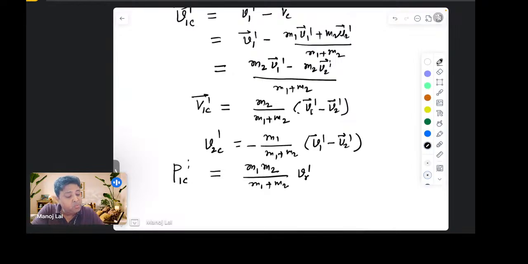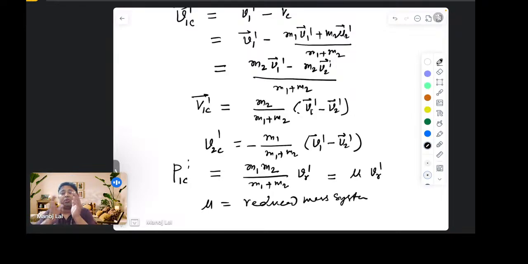And we know M1 M2 by M1 plus M2 is mu, so I write mu V relative dash. Mu is called the reduced mass. In the center of mass frame, we are considering two bodies together as a single particle, and its mass is M1 M2 by M1 plus M2.